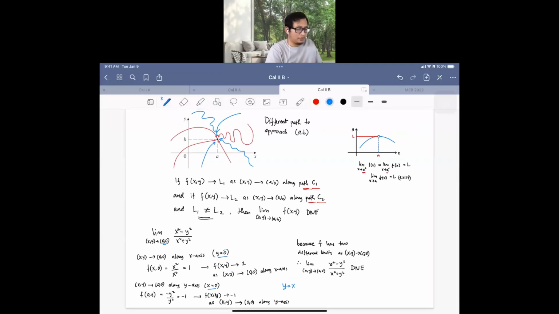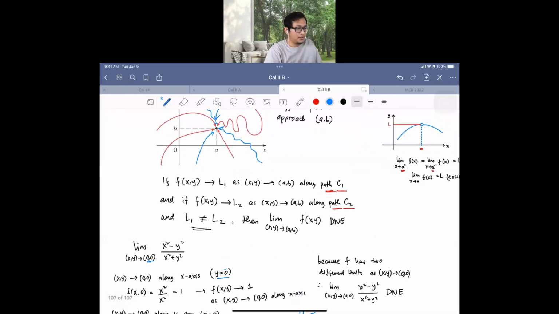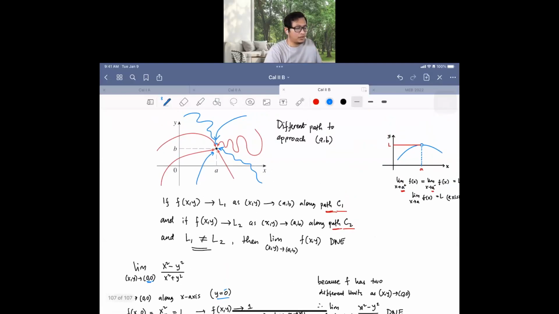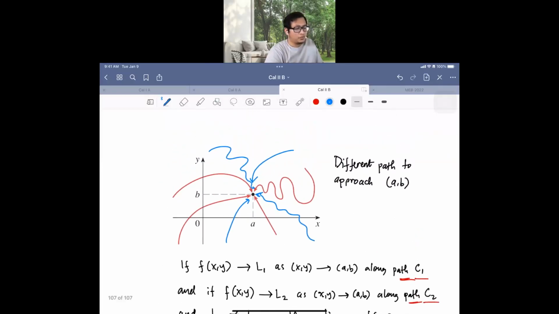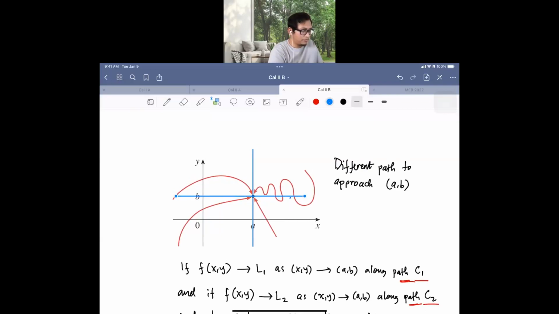Okay, so first, let me just repeat what we have done. Taking a limit for a function of two variables means we can approach a point from any way. But the easiest is to take line equations, like x equal a, y equal b.